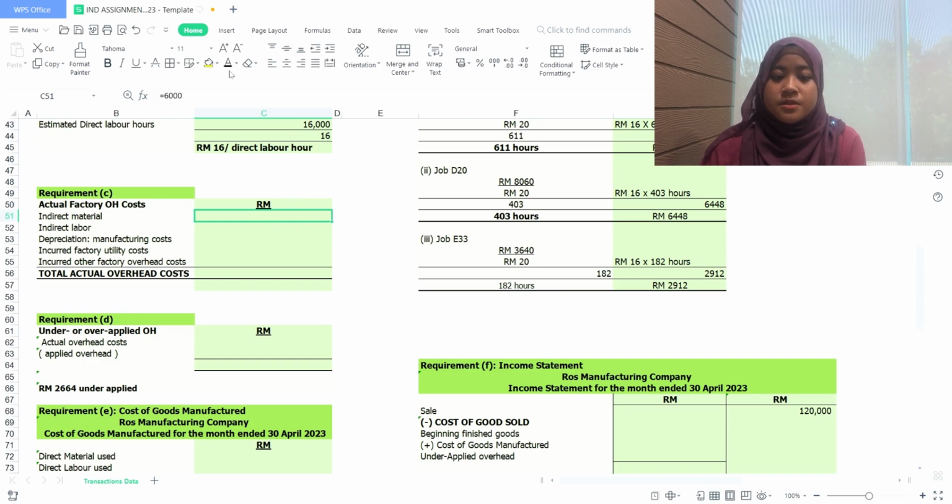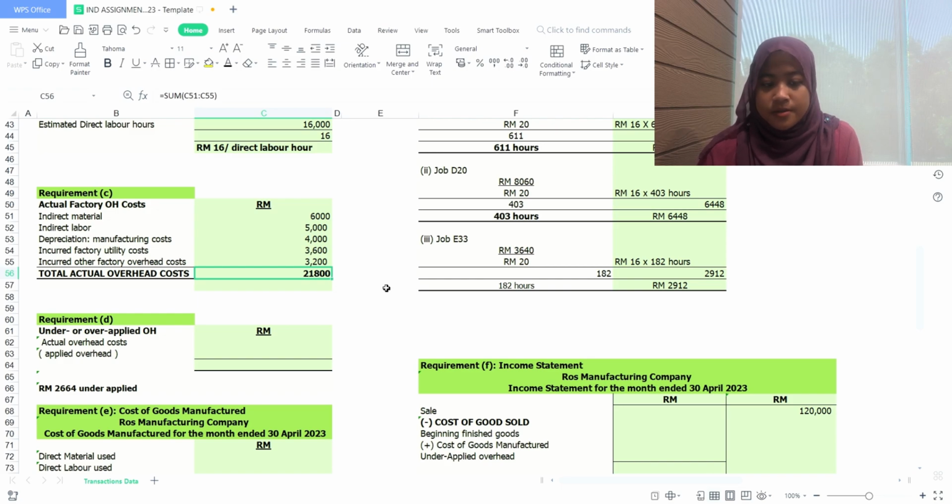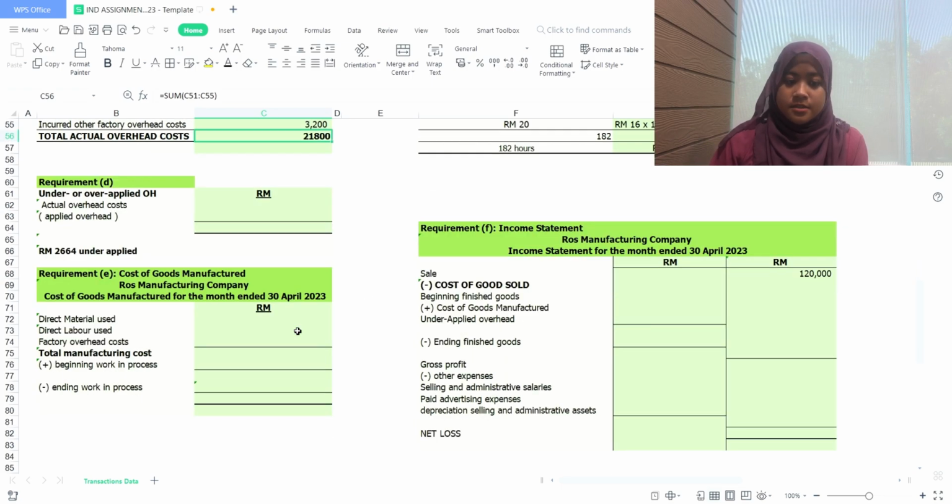So indirect material is 6,000, indirect labor 5,000, depreciation manufacturing cost 4,000, factory utility cost 3,600, and the other factory overhead cost is 3,200. So the total for the actual overhead cost, we got 21,800. So next we have to find under or over applied overhead.